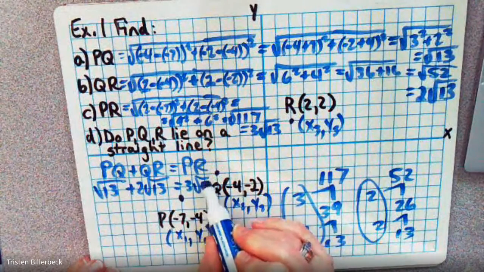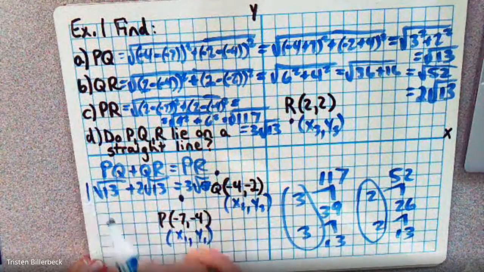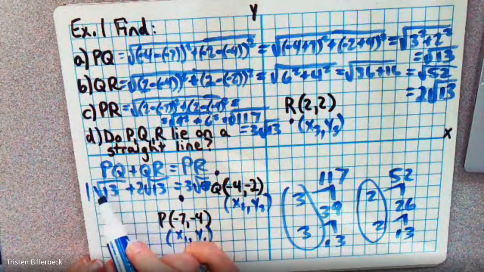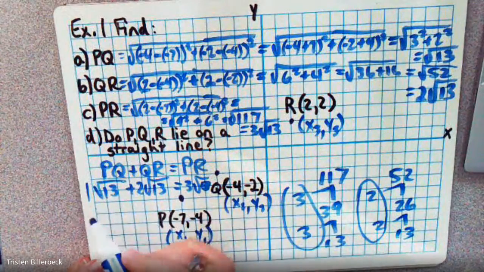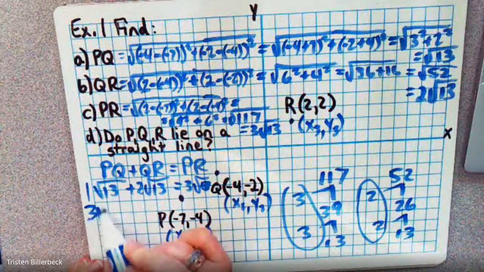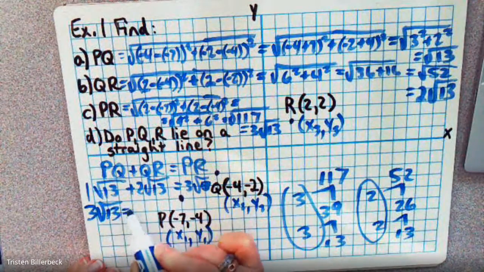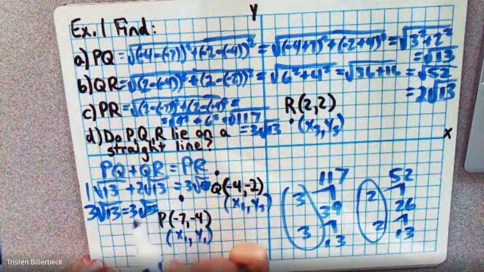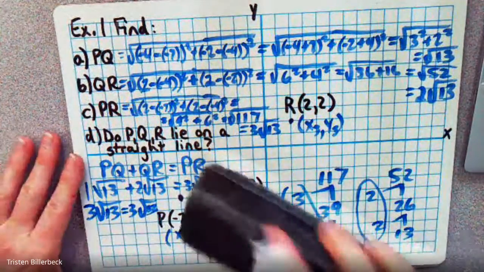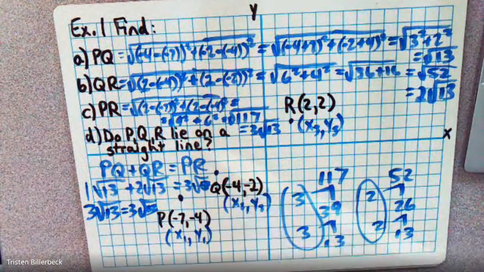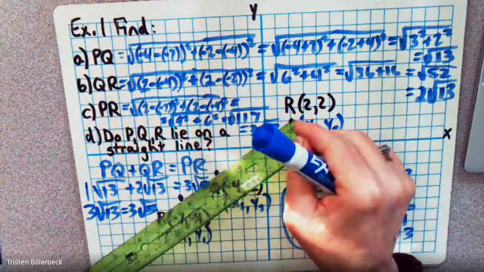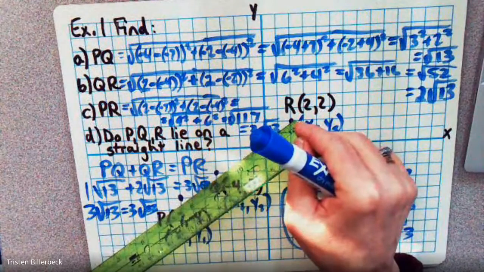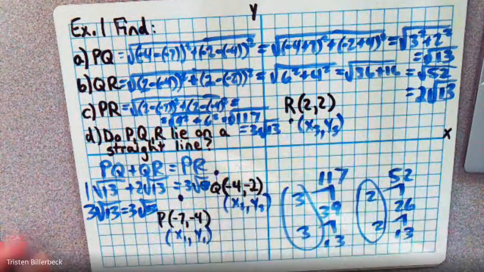And that is actually true because there's really a 1 there. So we can add this like 1a plus 2a equals 3a. So that is true. 3 radical 13 equals 3 radical 13. So they are on the same line. So I could draw a line right there and connect all of these. And we can see quickly that, yes, they are on the same line right there. Okay.